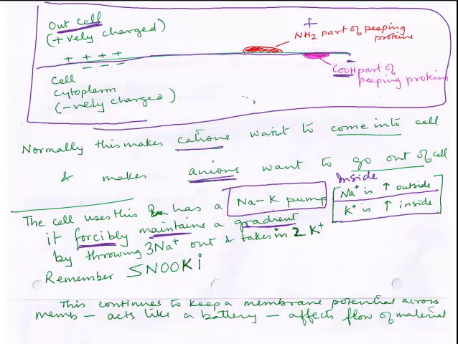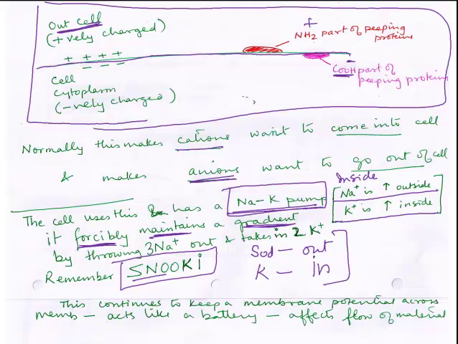To understand what the sodium-potassium pump is, I want you to remember Snooky. Sodium out and potassium in. This is what the pump tries to keep doing. So in order for you to understand what is happening, 3 sodium is thrown out and 2 potassium is taken in at every point.